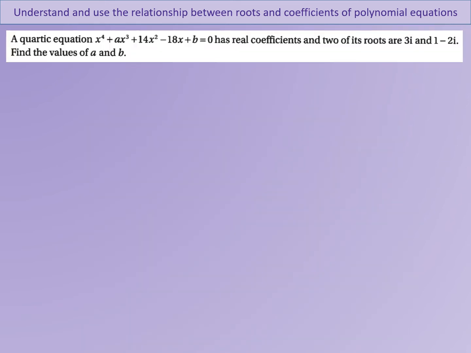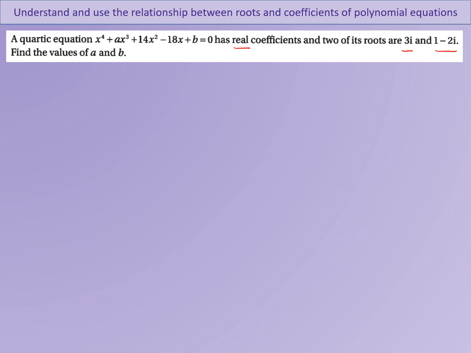Let's take a look at an example. A quartic equation has real coefficients and two of its roots are 3i and 1 minus 2i. Now it's important here to note that it says real coefficients, which means a and b are real numbers and not complex. Because of this, we can use the roots to work out the other roots, because we should have complex conjugate pairs.